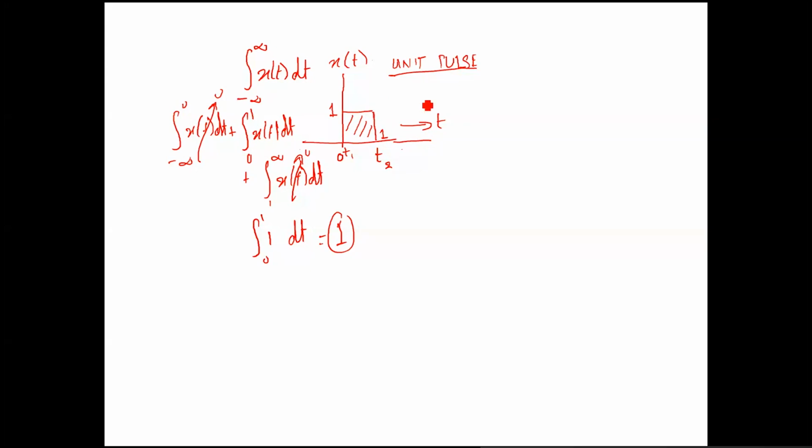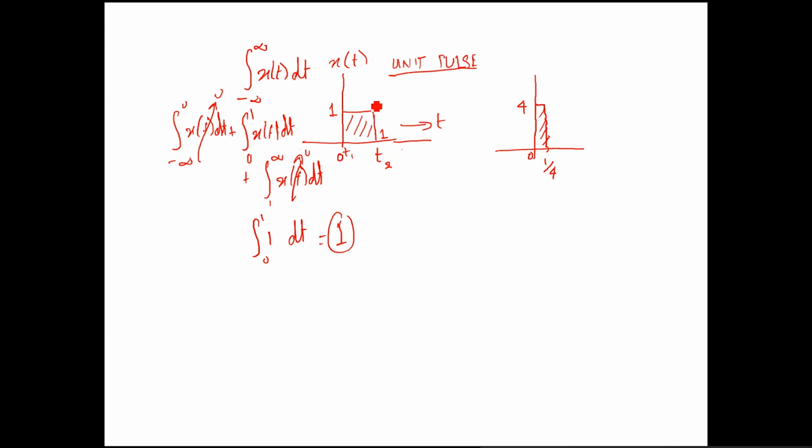Clear? Now, this is a unit pulse. Another example of a unit pulse would be one that starts from 0 and finishes at, let's say, 1 by 4. If you need a unit pulse, what will be its magnitude? 4. This is also a unit pulse because its area is 1.